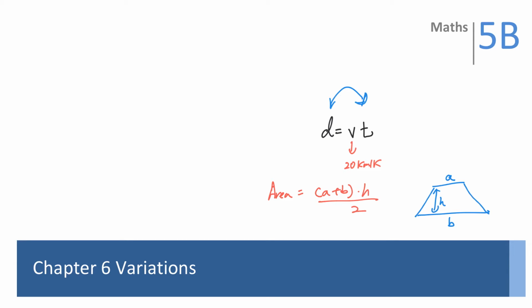You can find the area depends on the values of A, B, and H. If they are all variables, this is also a variation between these four variables.